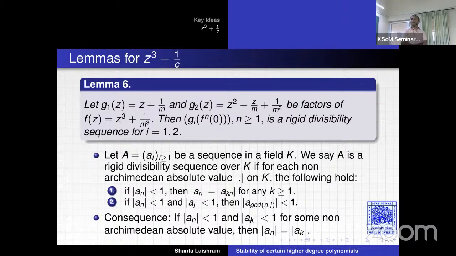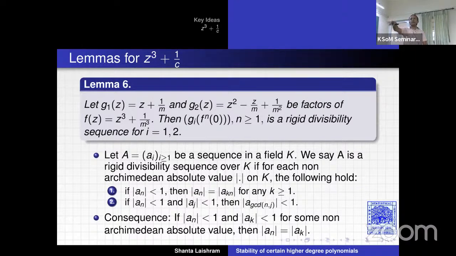A sequence is called a rigid derivative sequence if for every non-Archimedean absolute value the following conditions hold. If the absolute value of n is less than 1, then for any multiple of n, the absolute value of n is the same as the absolute value of A_kn.